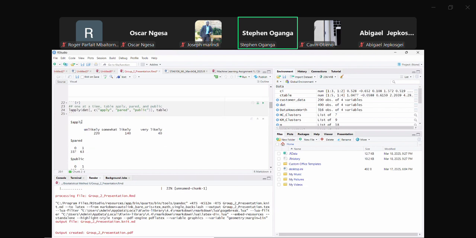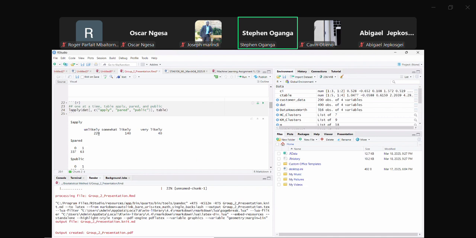Here, the dependent variable was apply, and it had 3 levels. The first level was unlikely, then somewhat likely, and very likely. We had a total of 400 observations.